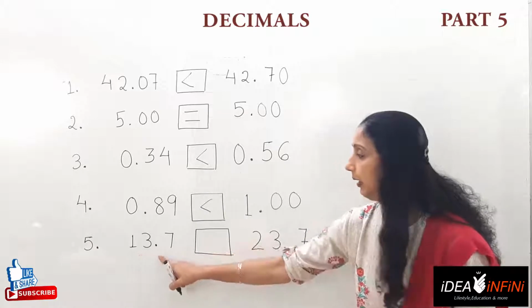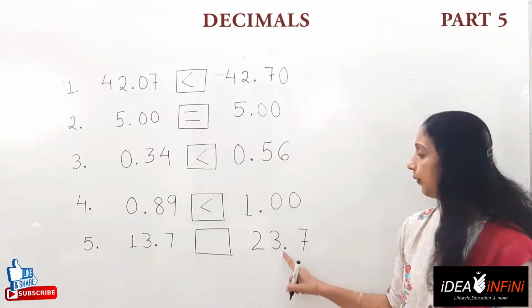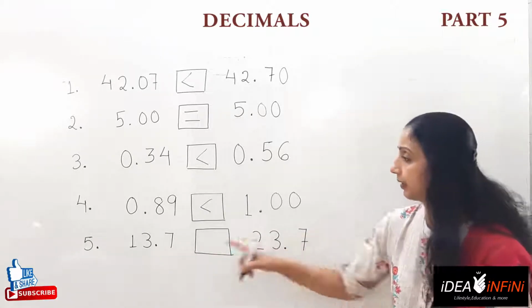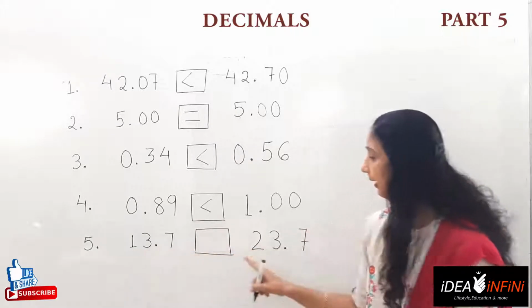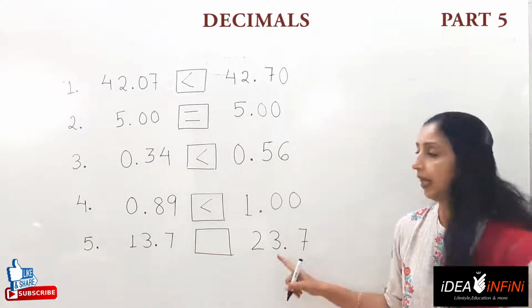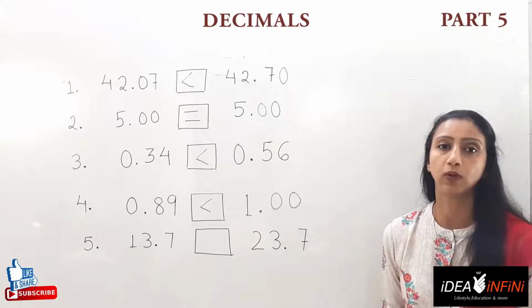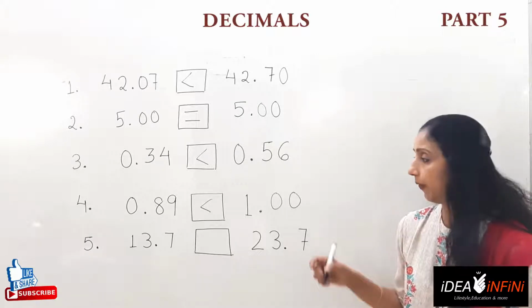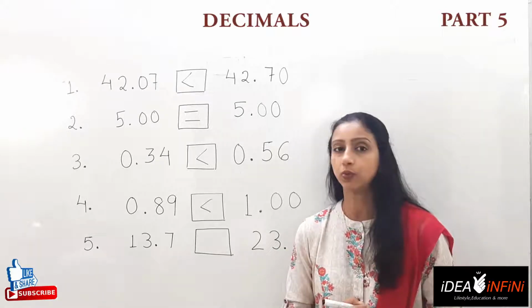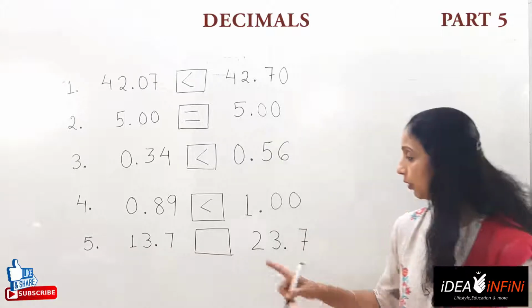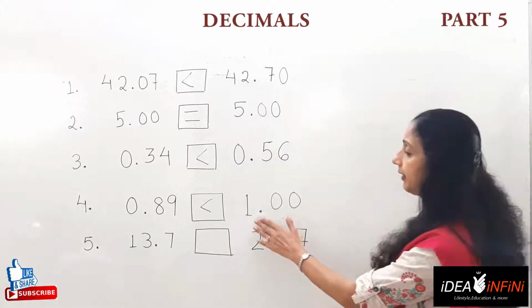Then here 13.7 and 23.7. Here the whole number 13 and whole number 23 are comparable because 23 is obviously greater than 13. Whether we make them like decimals or not depends on the whole number also.